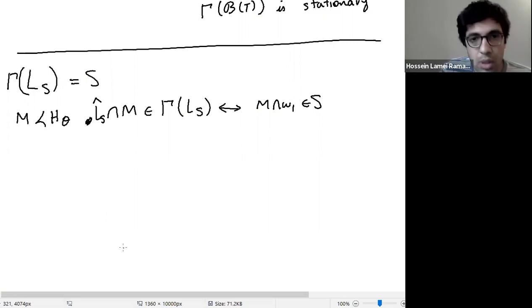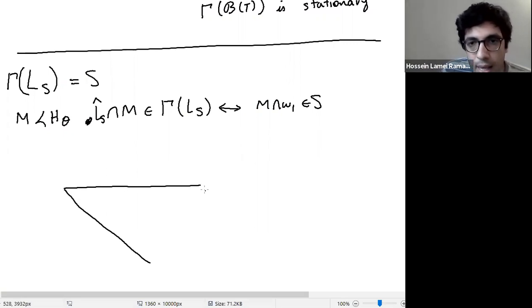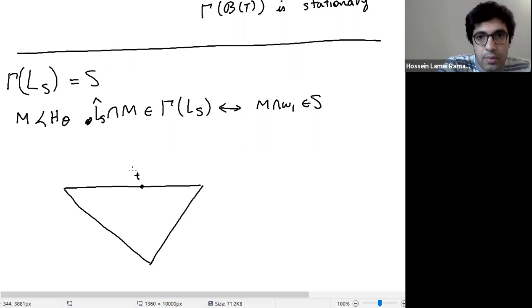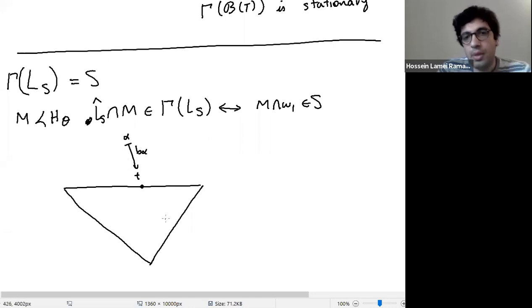So this is the condition TQ. It has a top level, and we have a t here, and we are going to have some alpha. So BQ is going to send some alpha to this.